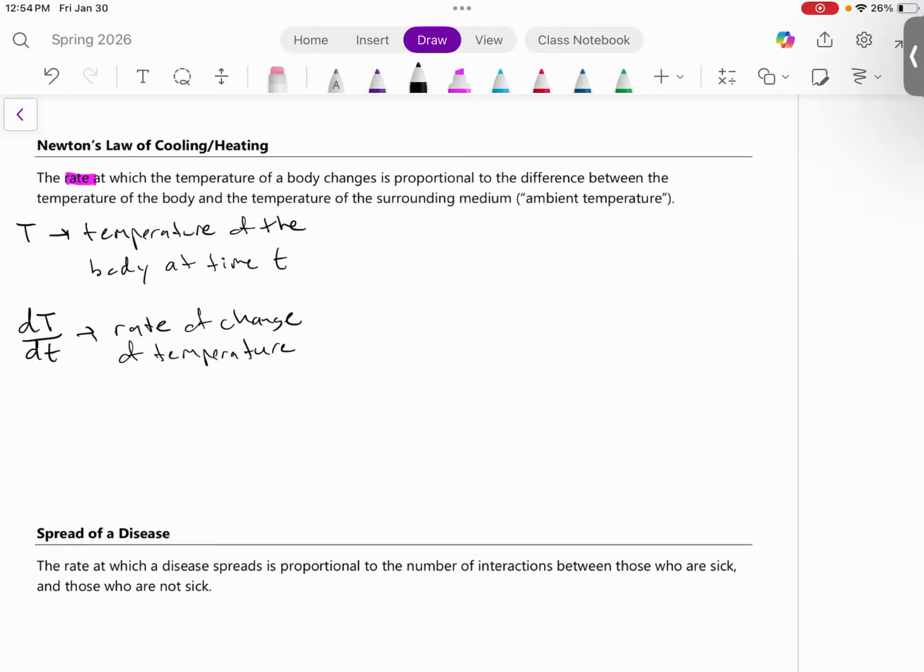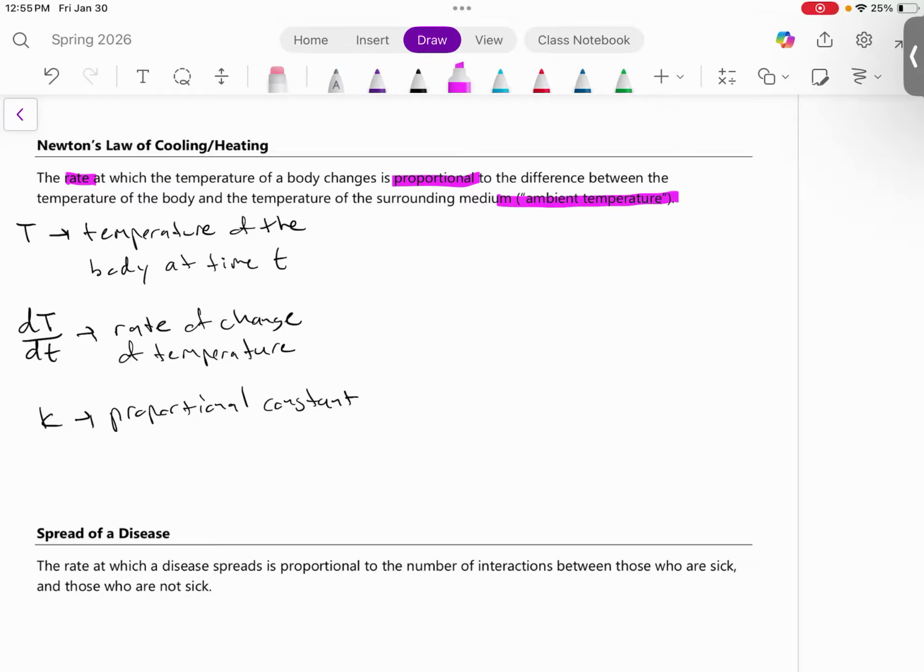The rate at which the temperature of a body changes is proportional, so we have another proportionality constant here, to the difference between the temperature of the body and the temperature of the surrounding medium, which means ambient temperature.